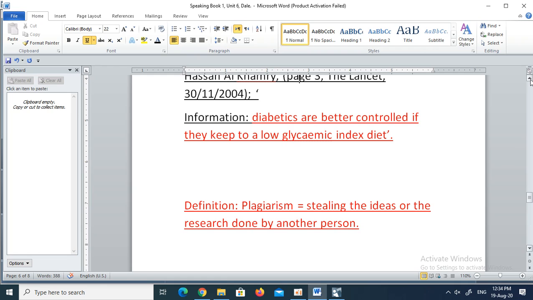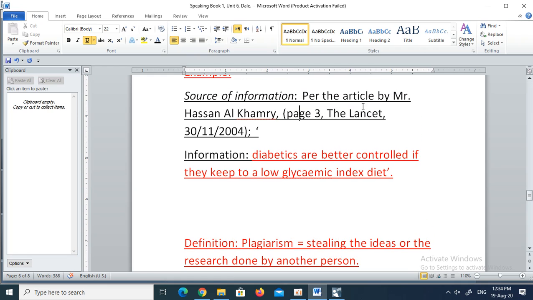So if Mr. Hassan Al-Khamri found out that diabetics are better controlled if they are on a low glycemic index diet, I cannot write an article and tell you diabetics are better controlled on that diet and not tell you that he found it out, because then I am stealing his ideas or his research.